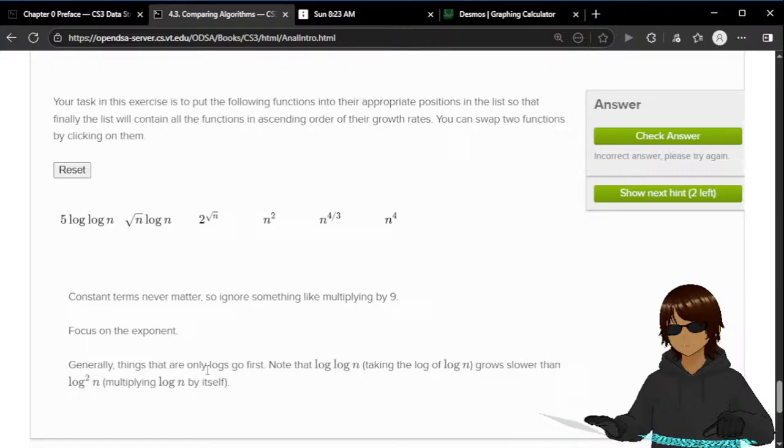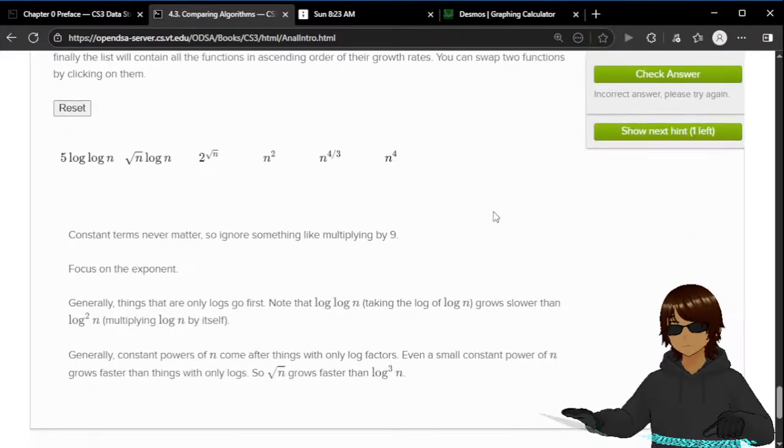Generally, things that are only logs go first. That log grows slower than log n. Constant powers of n come after things with only log factors, even small constant powers of n. So root n grows faster than log cubed n.